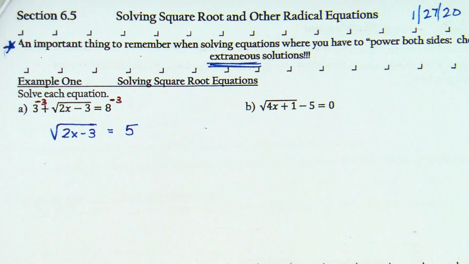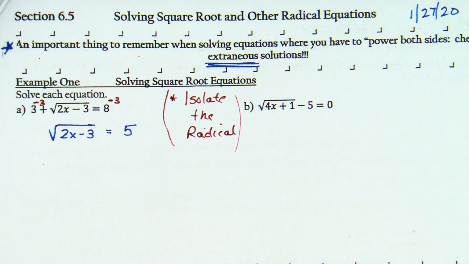Now that I have isolated the radical, thoughts on what to do next? In other words, how do I get that radical to disappear? You square both sides. If it's a square root, we want to raise it to the power of 2.